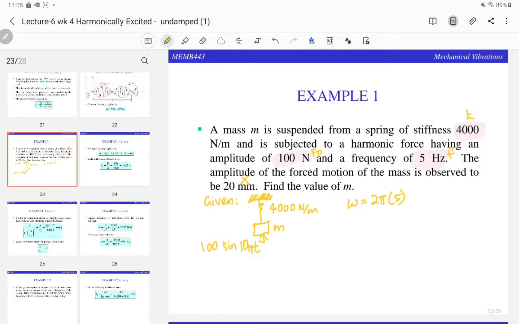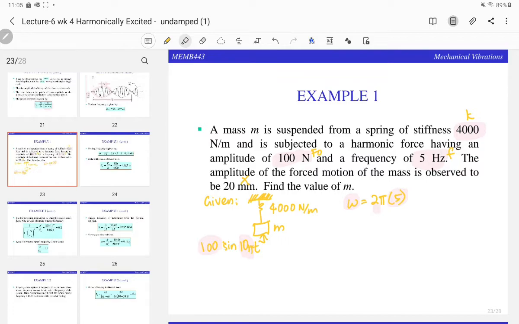Don't forget you have to multiply f by 2 pi to get your omega, so that will be 10 pi. So 100 sine 10 pi t will be your F naught sine omega t. That's the input to the system.